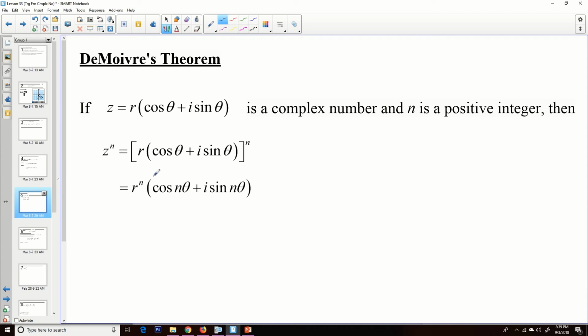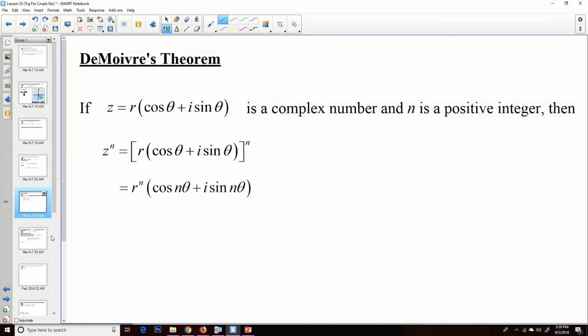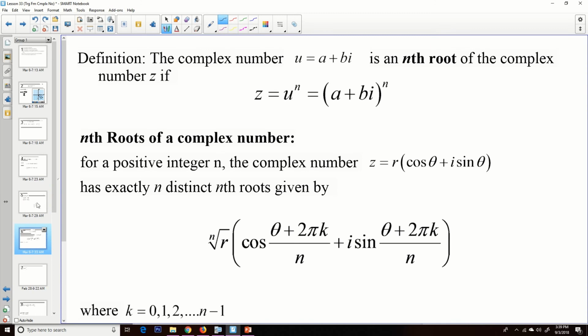And if you need to see how de Moivre's theorem relates to the product rule, we can do that in class. All right. Finally, definition. The complex number u equals a plus bi is an nth root of the complex number z if z equals u to the n, where that is a plus bi to the n.